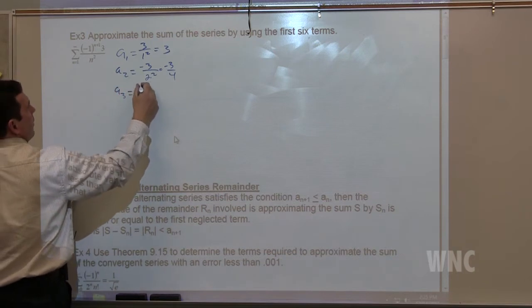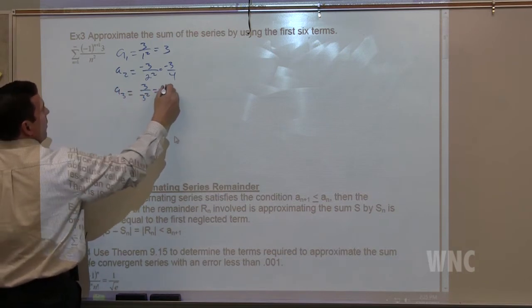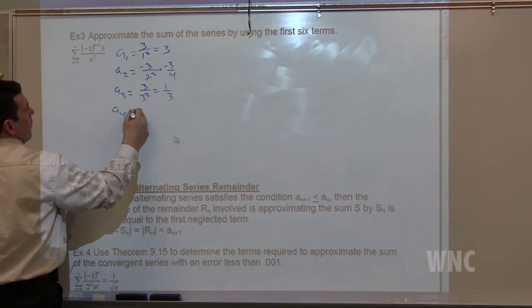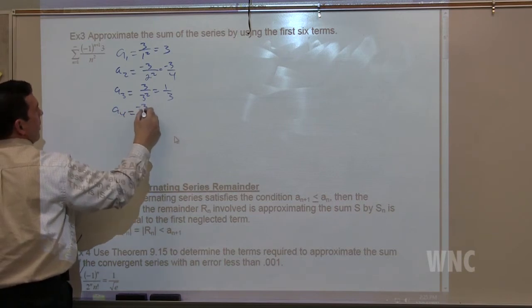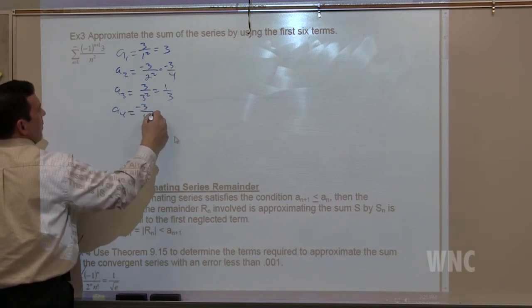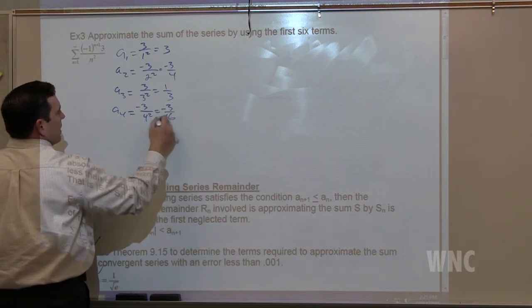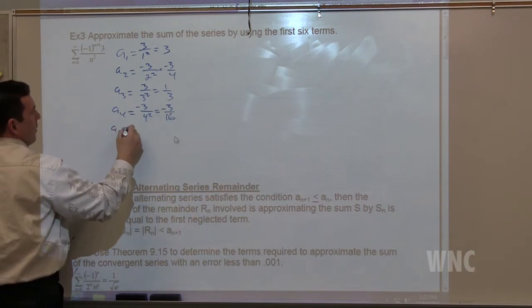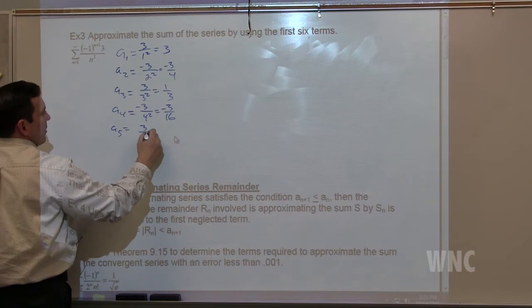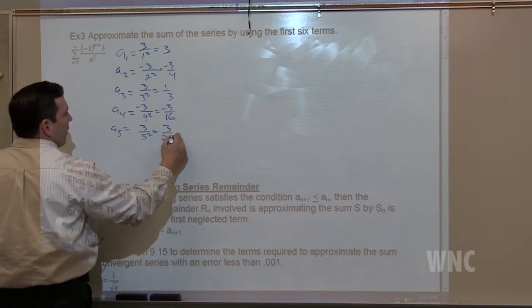A3 is going to be 3 over 3 squared, which is 1/3. A4 is going to be negative 3 over 4 squared, which is negative 3/16. A5 is going to be 3 over 5 squared, which is 3 over 25.